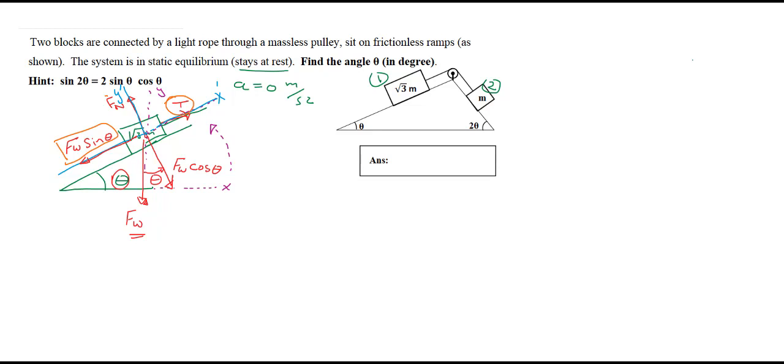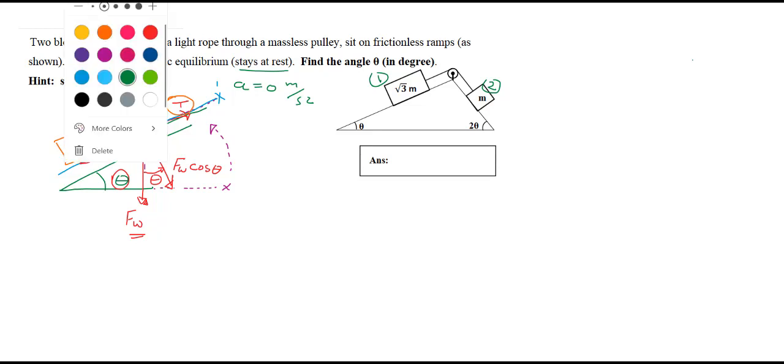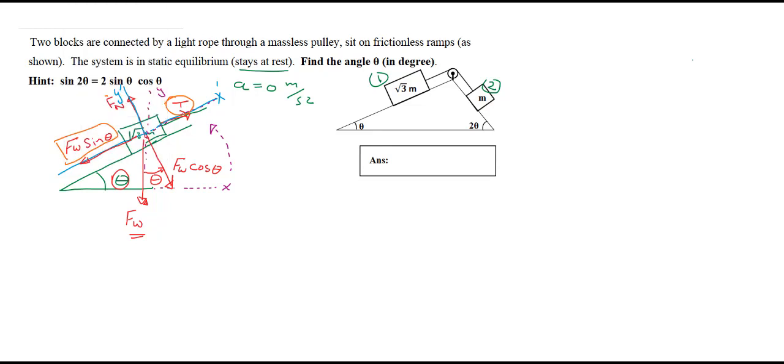Okay, so now let me write the equations. So you will have the sum of forces in the x dash direction equal 0, and again the acceleration is 0. Because it's 0, it doesn't matter which direction is first, but to make it easier to work with more than one block, we will say it's going to be moving in that direction.